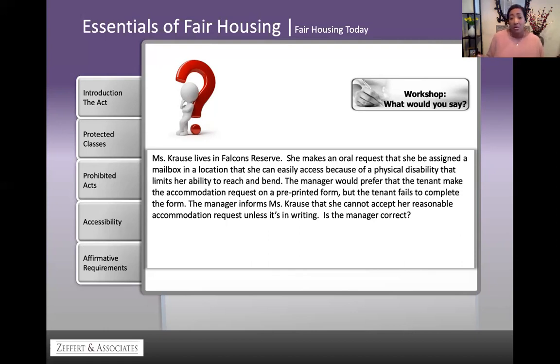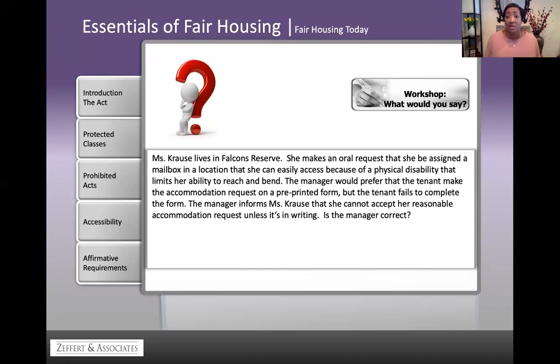Remember, we can have a form that we would like for them to complete for our files, but they don't have to complete it. It is not a contingency: you complete this and I'll look at your request, or you complete this and I'll grant your request. We have a procedure. Would you complete this form? They say no, okay, you're moving on.